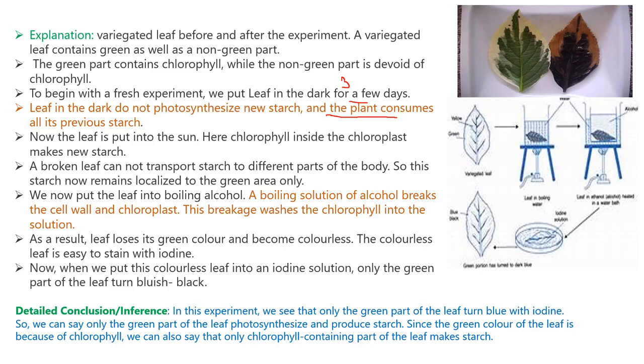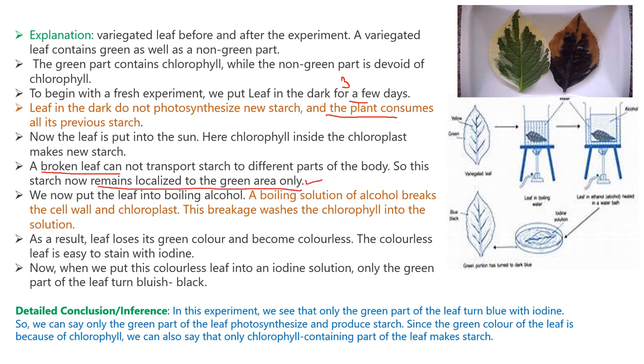Then we are going to pluck the leaf from that plant, because I want that the starch which has been produced by the leaf shouldn't be given away to other parts of the plant. It should stay in the leaves only, so that the starch remains localized to the green area only.